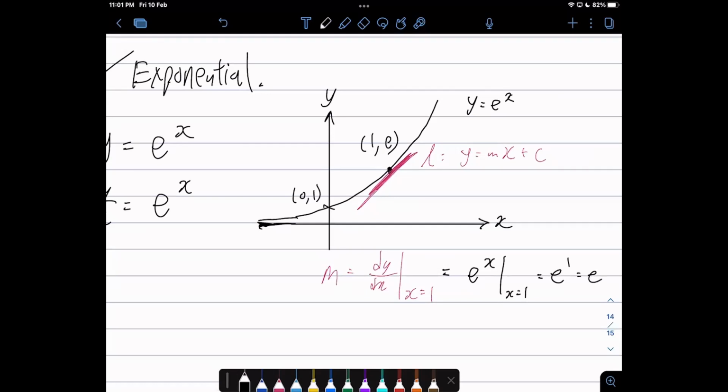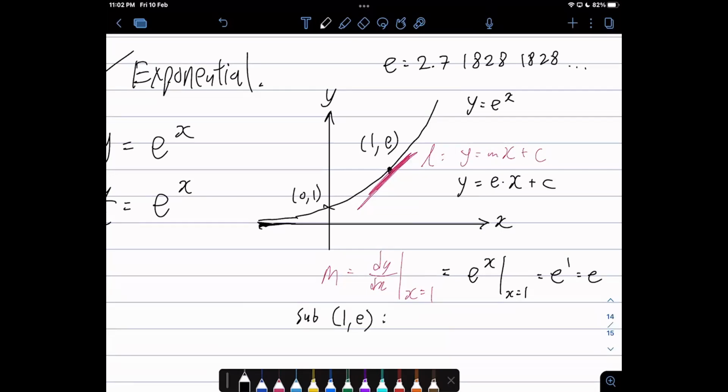Approximately 2.71828. Whatever, doesn't matter. It's just a constant, but it's a very interesting constant. So m equals e. That means this is e times x plus a constant. How to find the constant?